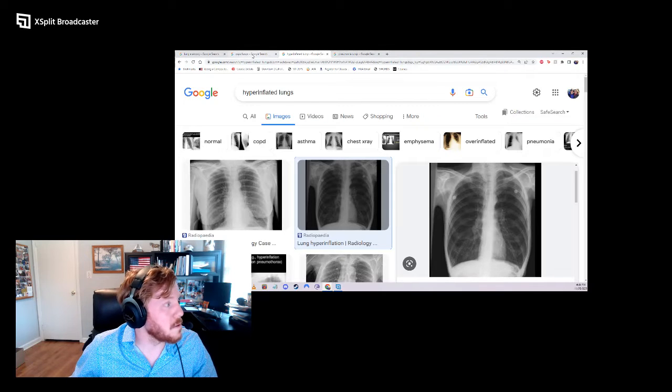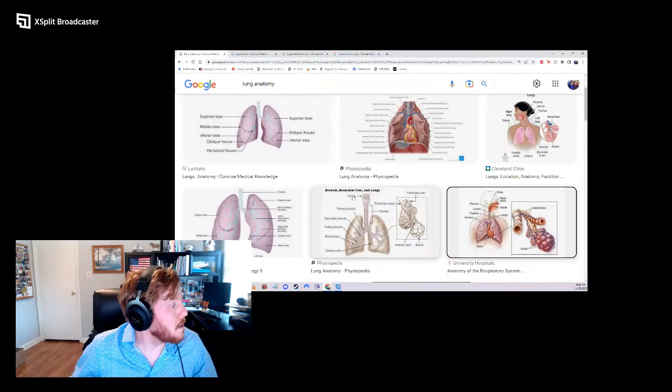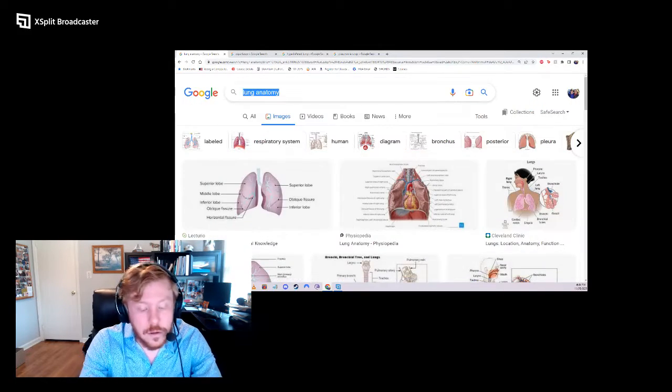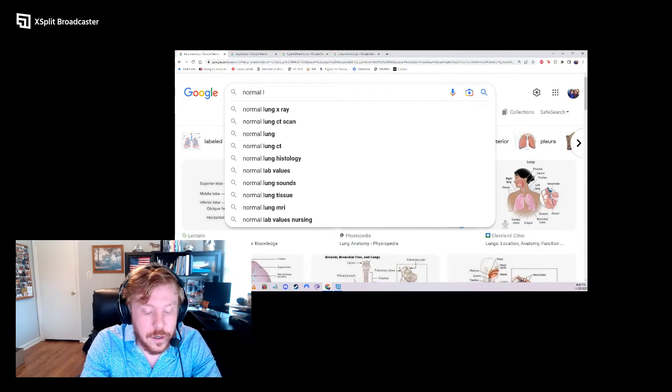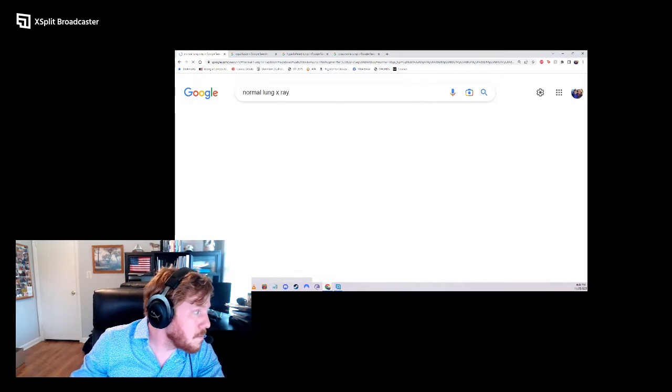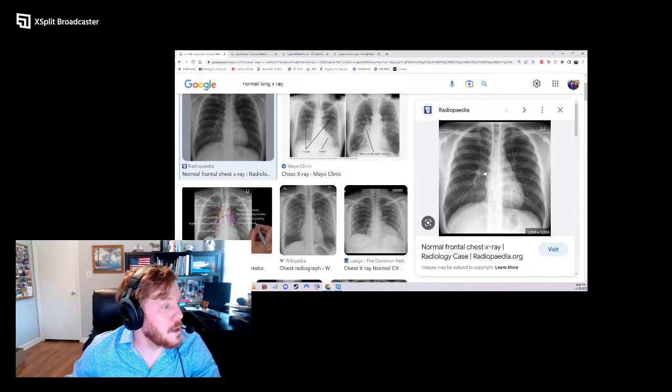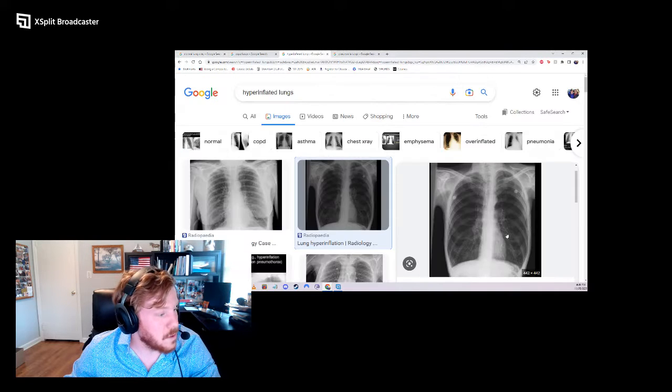I'm going to go to a picture of some regular lungs here. Normal lung x-ray. In a normal lung, you have good aeration. You can see some vasculature here, and the intercostal spaces, and you can see a nice rounded diaphragm here, whereas the hyperinflated lungs have a flattening of the diaphragm.